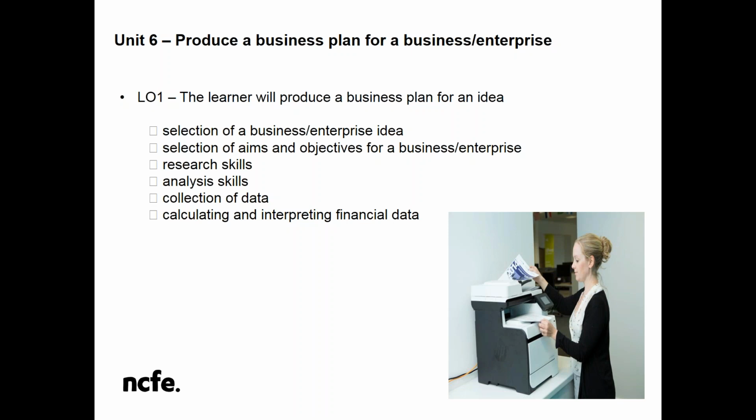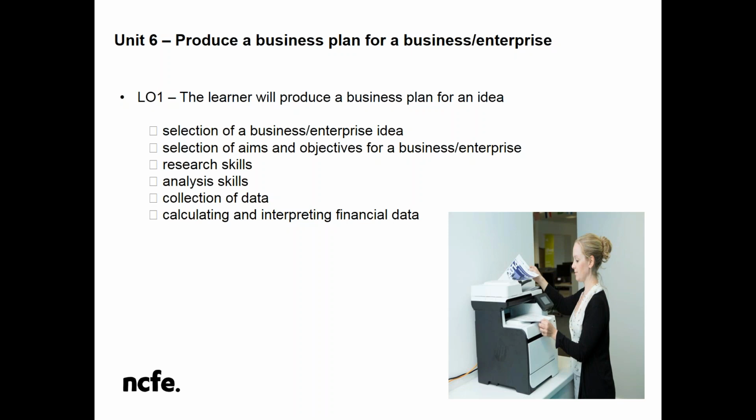So they will be looking to select an idea, going through a process of looking at different ideas, brainstorming different ideas that they can come up with, and then produce the business plan.